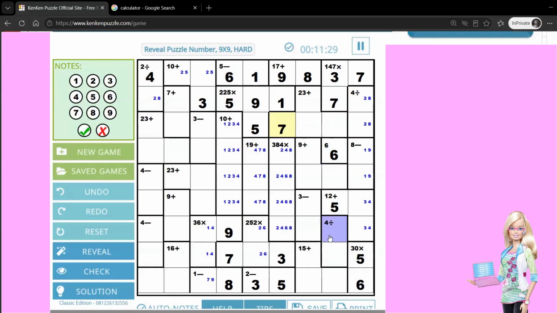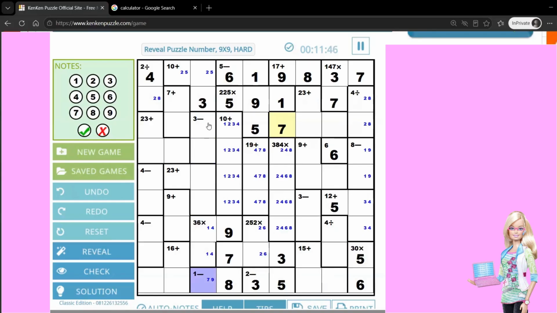Can I find anything else? Can I find what's okay?